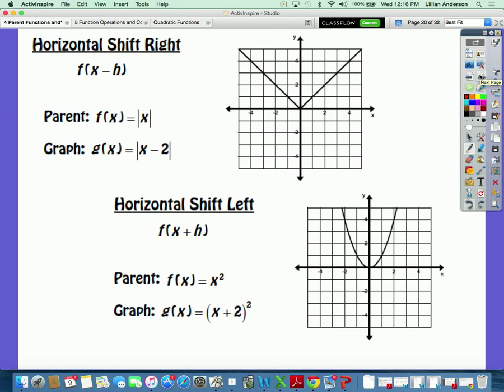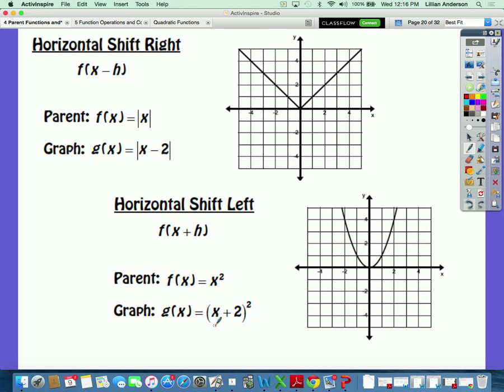And if it's a minus, you're not moving to the left, you're moving to the right. And if it's positive, you move to the left. Okay? Do you guys see the difference between being on the inside versus being on the outside? Okay? That's how you'll be able to distinguish if I'm moving left or right versus up and down.